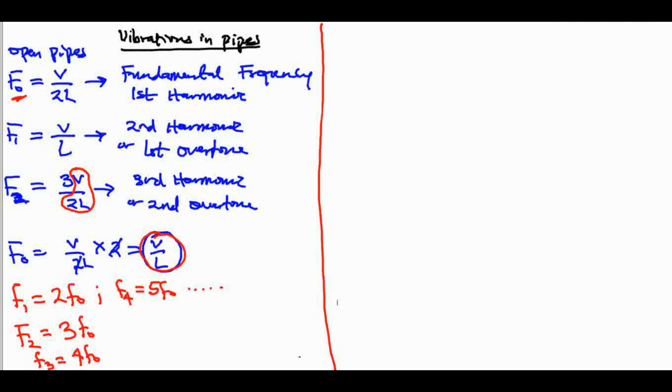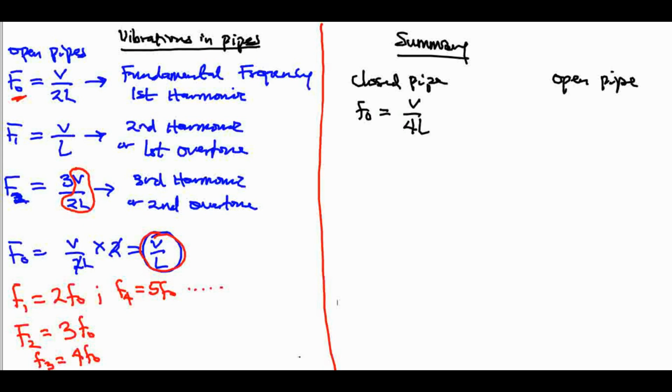Okay, in summary, we have closed pipe, we have open pipe. We have the fundamental frequency for a closed pipe equal to V over 4L, and the fundamental frequency F naught for an open pipe is V over 2L.